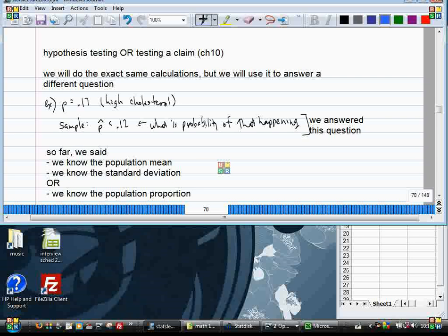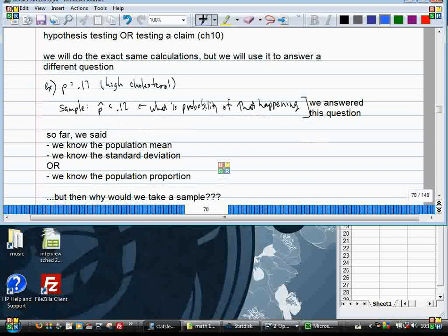This begs the question, why would we take a sample? If we already know these things, then why are we taking a sample? Simply to amuse ourselves? Test the hypothesis. Exactly. And that's it. And this is how we're going to look at it.